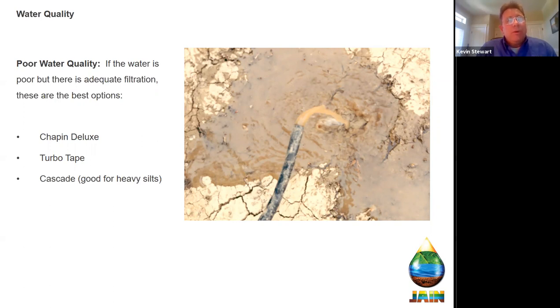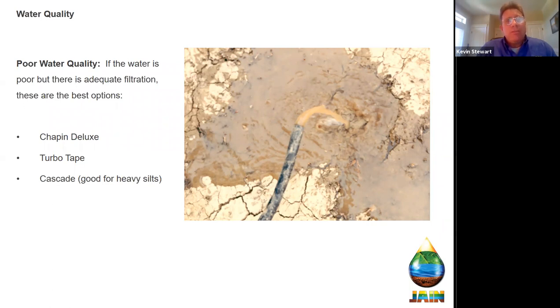We definitely want to steer somebody to Chapin Deluxe, which has an extra set of inlets. Each one of these inlets is a filter, so it gives you a little bit more protection, especially for organic matter. That'll help out quite a bit.